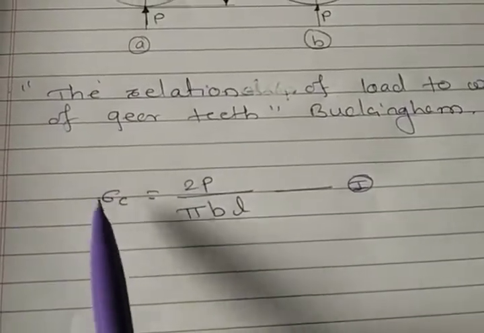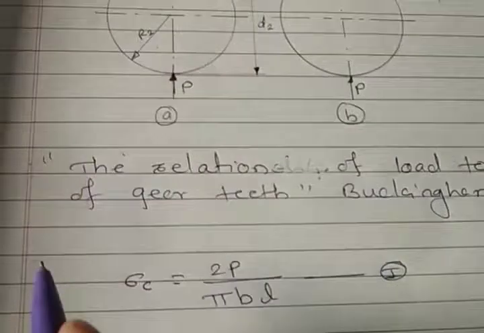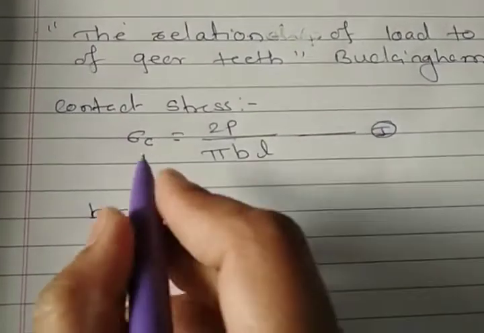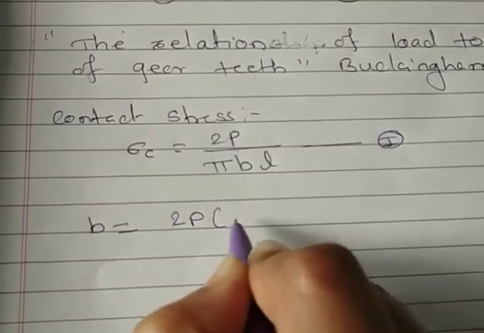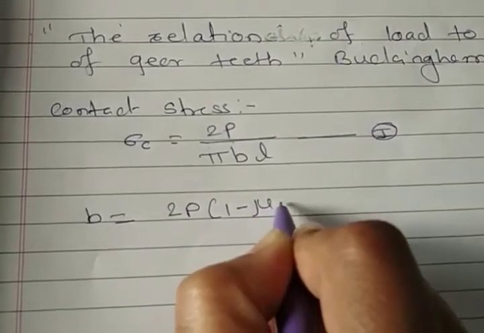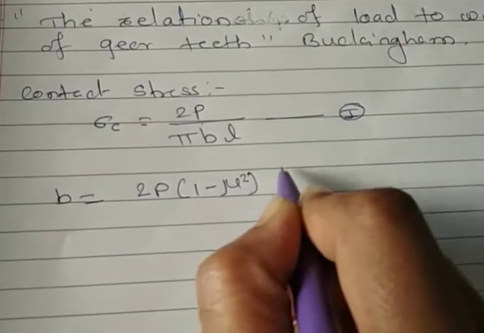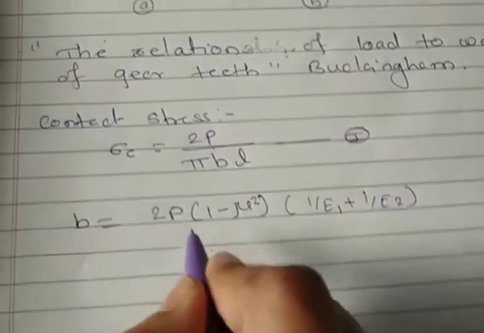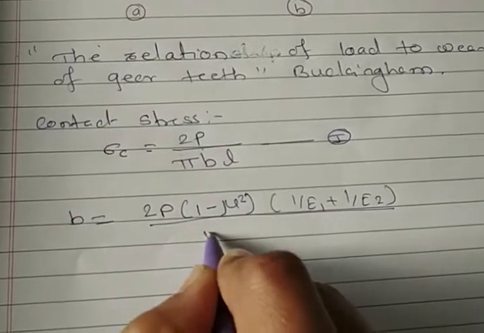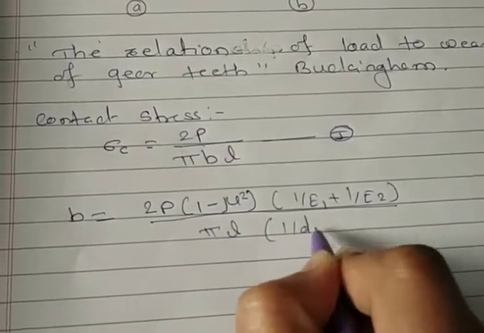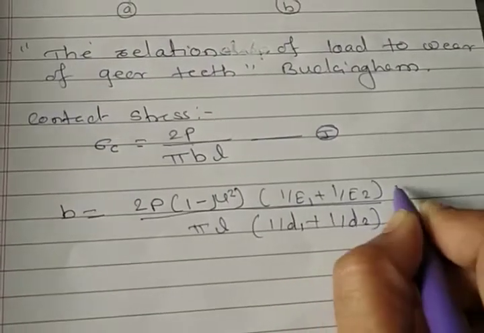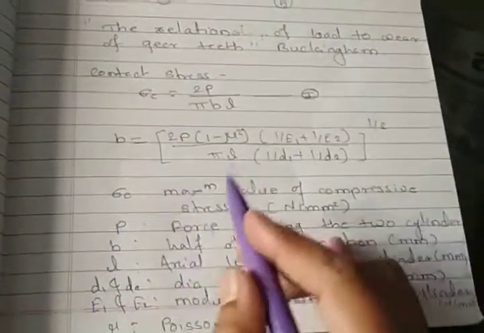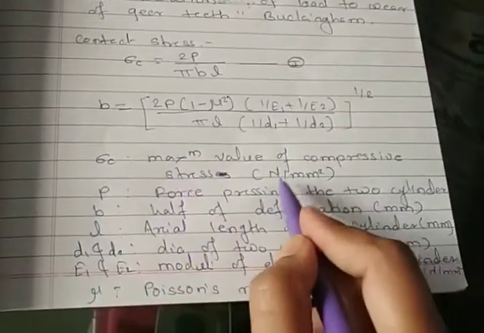So here is the equation: sigma C, that is contact stress, is equal to 2P divided by pi B L, where B is equal to the square root of 2P into bracket 1 minus mu square into 1 upon E1 plus 1 upon E2 bracket close, divided by pi L into 1 upon D1 plus 1 upon D2, and this term is raised to 1/2, where sigma C is nothing but the maximum value of compressive stress, which is in Newton per mm square.